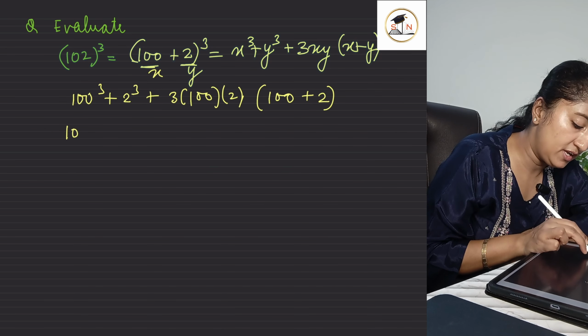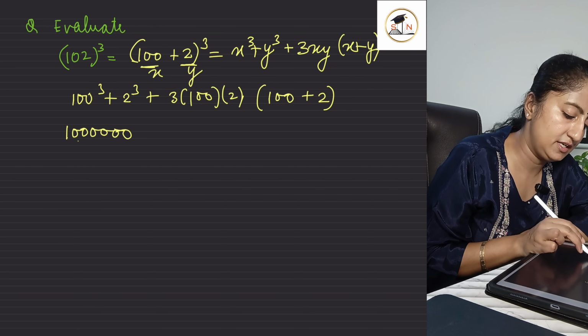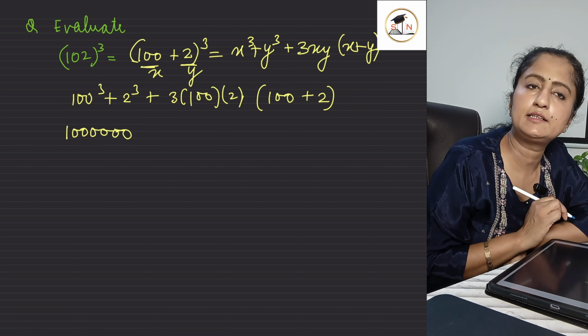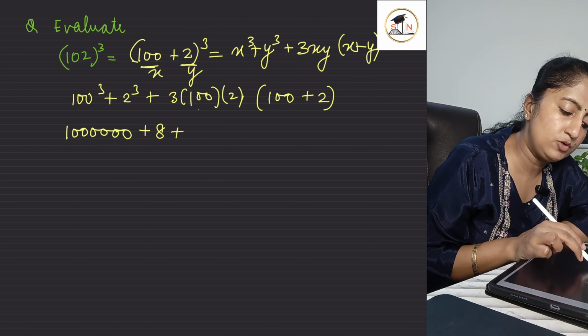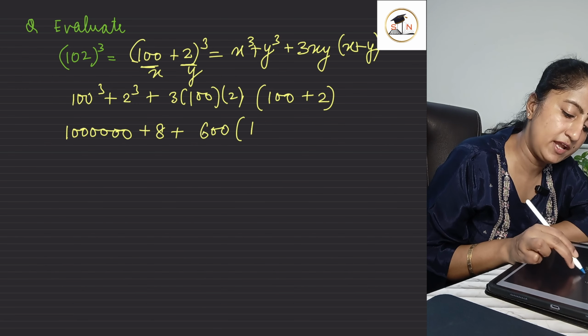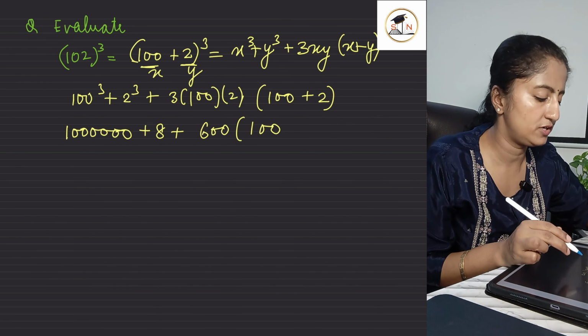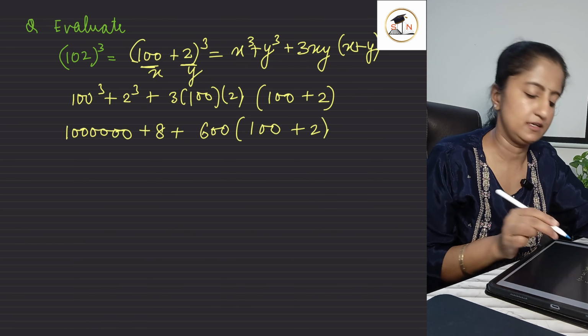100 cube means we have 100, 0, 0 and 0, 0. So that is basically 10 lakhs plus 8 plus 3 into 100 is 300 times 2 is 600. Now in bracket we have 100 plus 2, I'll just write it like that. Calculations become easier, right?